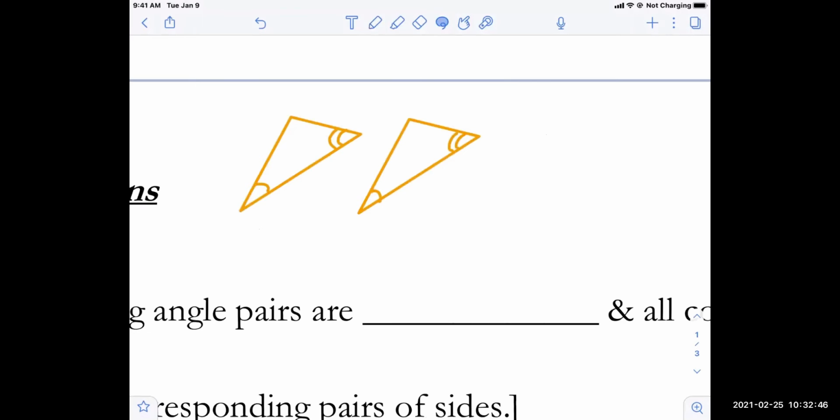What are the ways to prove triangles congruent? Peter? Side angle side was one.